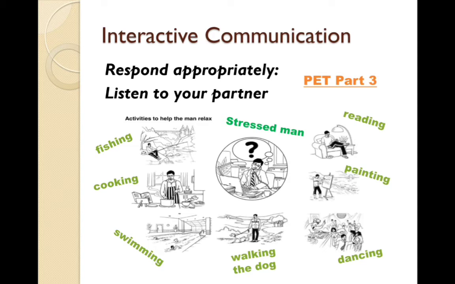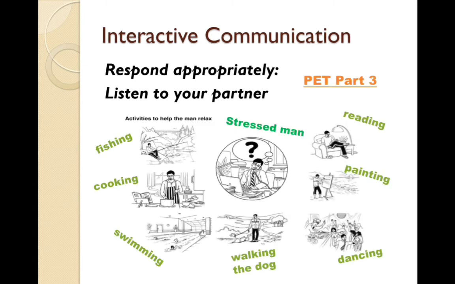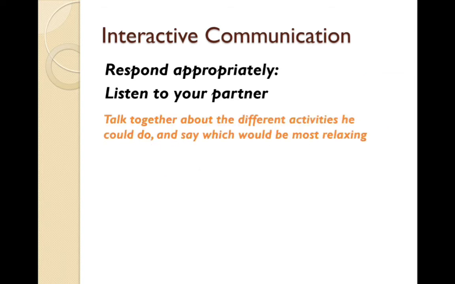And there's a question to consider. So talk together about the different activities he could do and say which would be most relaxing. So let's look again. So we've got all these different activities and we have to talk about how relaxing each one is.